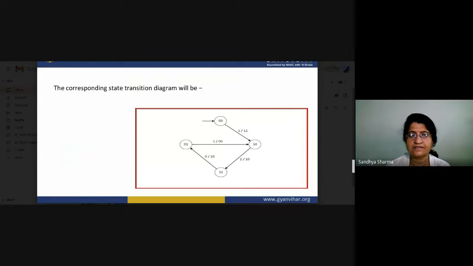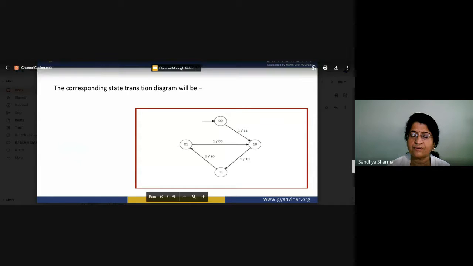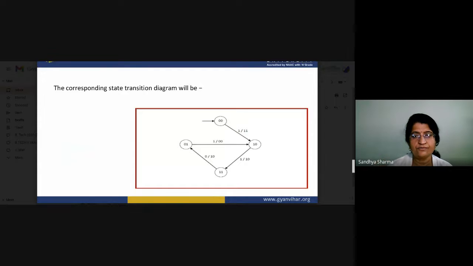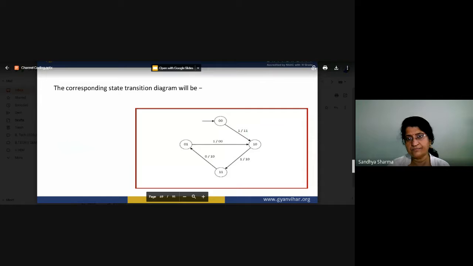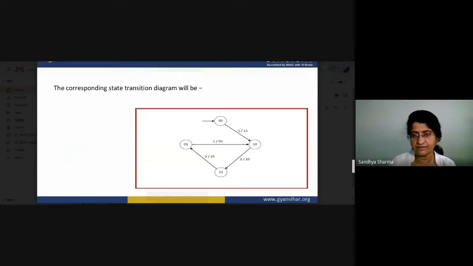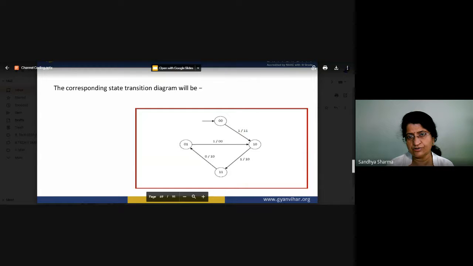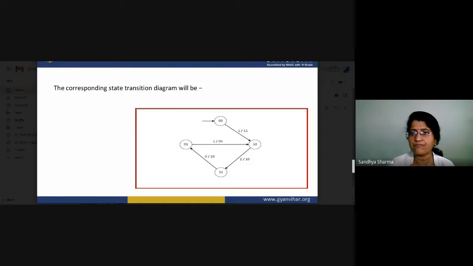This is a state transition diagram. So now what will happen? We will make 4 small circles which represent 0 0, 0 1, 1 0 and 1 1. Now, when you enter your first bit, the initial condition is 0 0, and your state will also be 0 0.